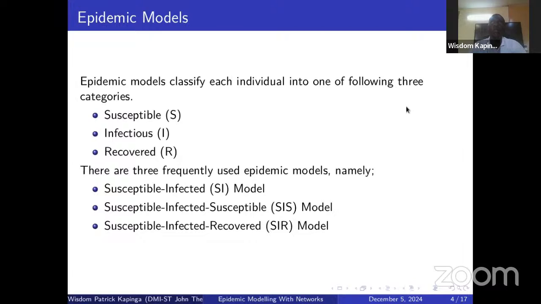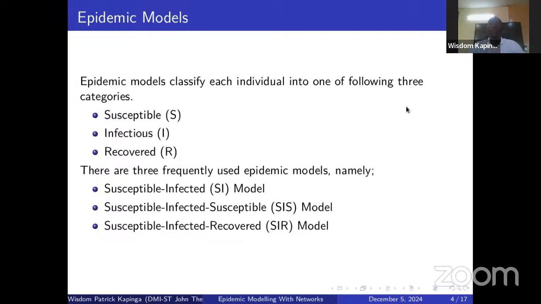If you have an outbreak or an epidemic, there will be individuals who don't have the disease at that particular time, but there is a chance that they can get it. Individuals in this category we call susceptible individuals.